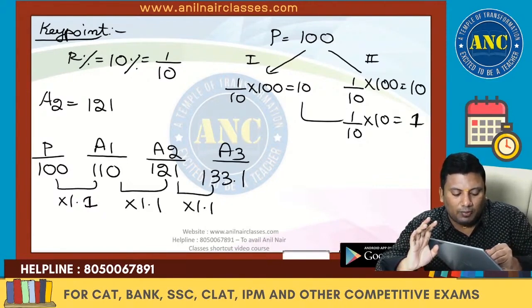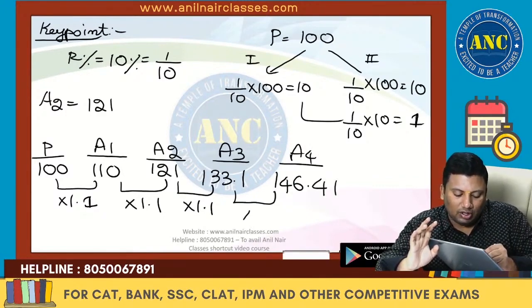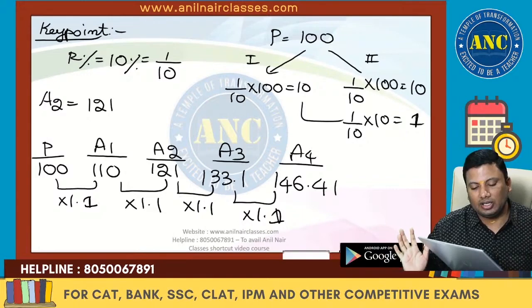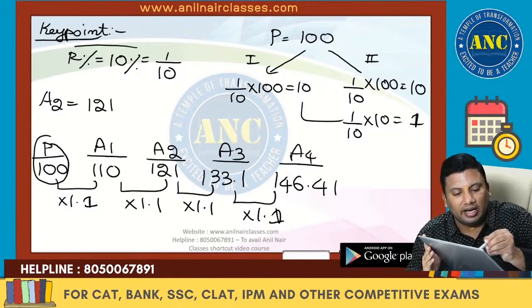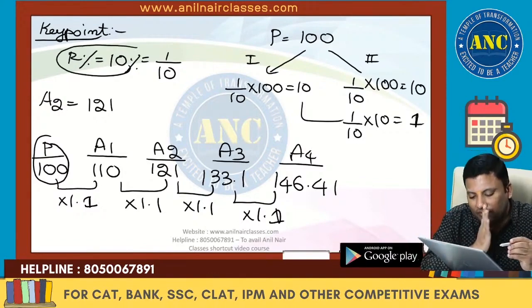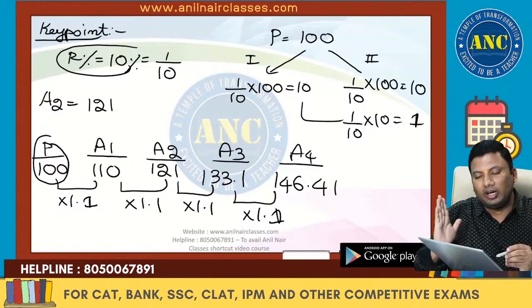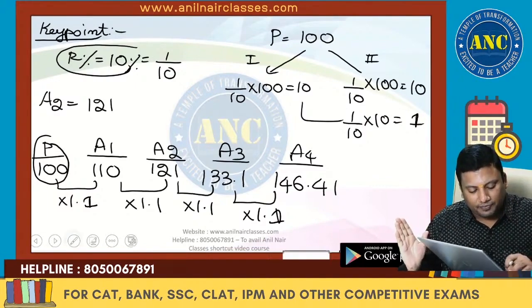This also will be 1.1. 146.41. Now these clear, right? If the principal is 100 and the rate is 10%, this is the series that it is following: 100, 110, 121, 133.1, 146.41.